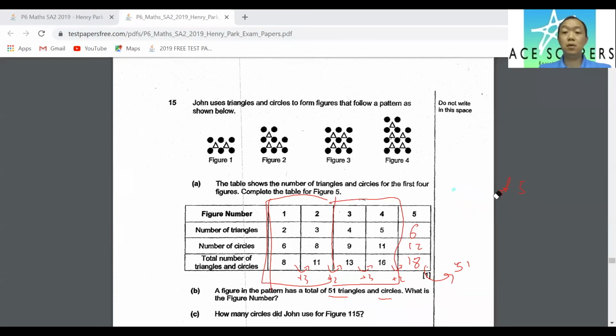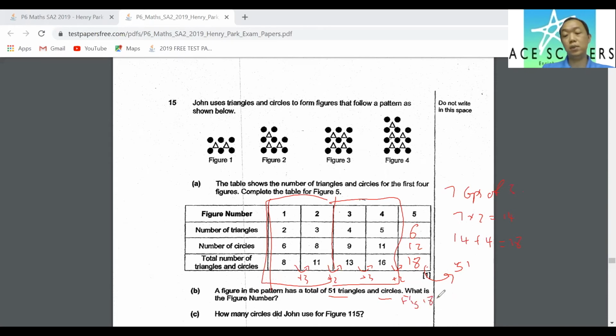Okay, do that again. So 51 minus 16, 35, 7 groups of 5. Yep, so 7 groups of 5 means there's 7 groups of this. So 7 groups of 2 numbers, 7 times 2 equals 14. I take 14 plus 4 equals 18. Right, so figure 18.